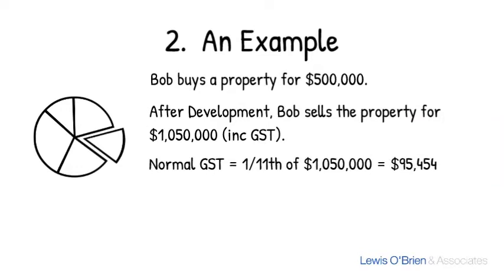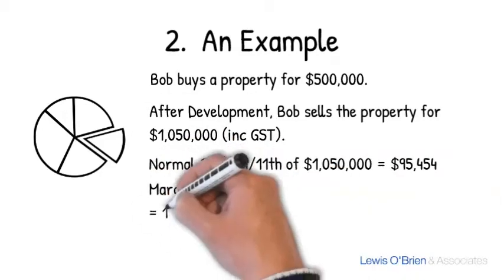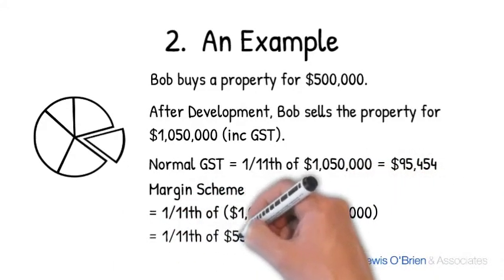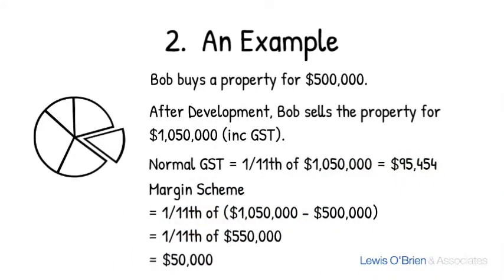That's a touch over $95,000. Under the margin scheme, we deduct the purchase price of $500,000 from the sale price and end up with a net margin of $550,000. 1/11th of that is $50,000, which is the GST that needs to be remitted to the tax office. Obviously, this is quite a different result.